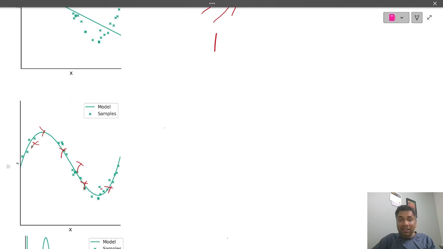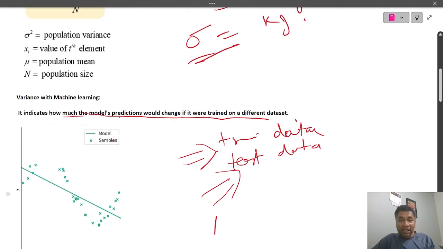We'll find that the model will predict the test data very well because this is a very good model. It's not overfitted, it is not an underfitted model, right? So in this case, it would have low variance. Why? Again, let's see what our definition says: how the model's prediction changes if it were trained on a different data set.